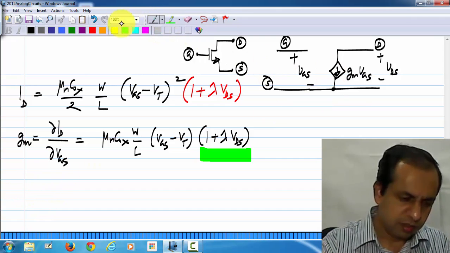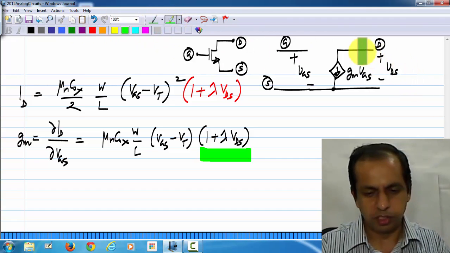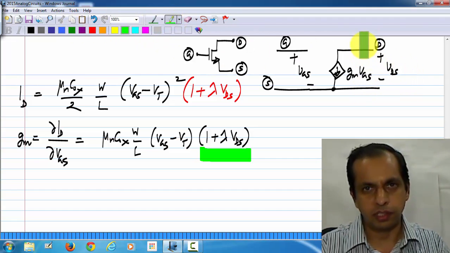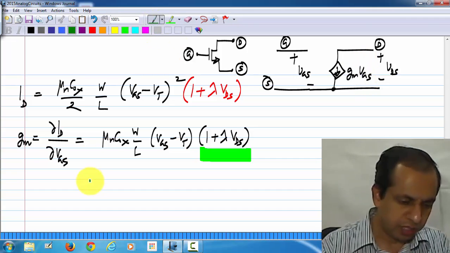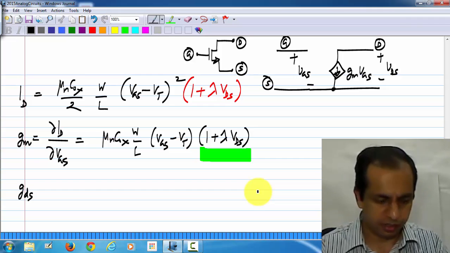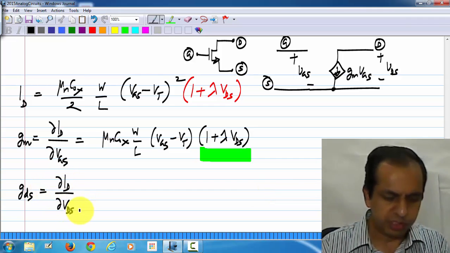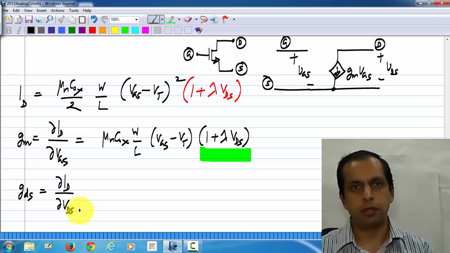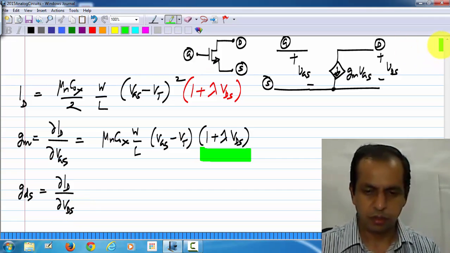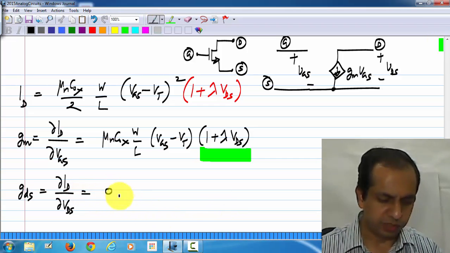More importantly, earlier the conductance that we call Y22, that is the conductance that appears across the terminals of port 2, in case of a MOS transistor, we know that it is called GDS, the drain to source conductance. The partial derivative of ID with respect to VDS, this we had thought was 0.